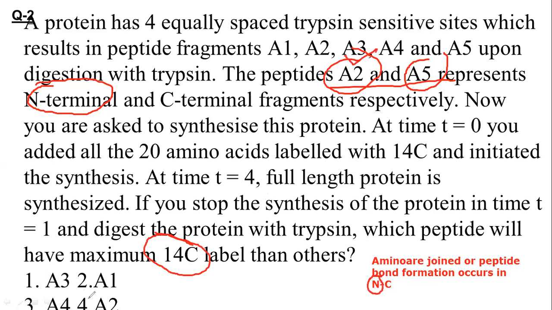So the answer will be option 4, that is the A2 fragment, as peptide bond formation occurs from the N terminus. At time T1, it is not the whole protein; synthesis up to A5 requires T equal to 4, right? So that's why option 2 is the correct answer.